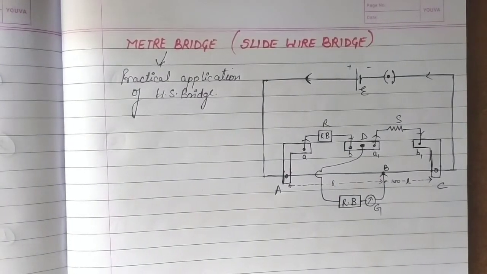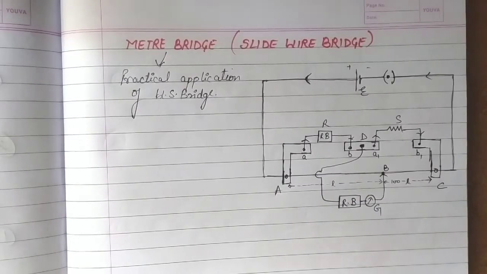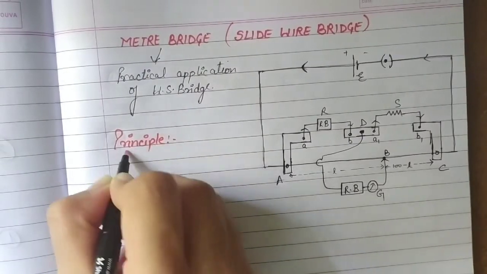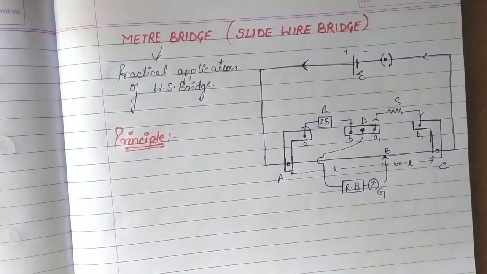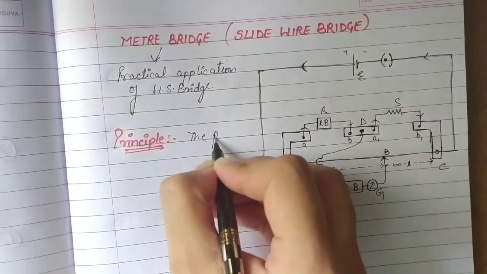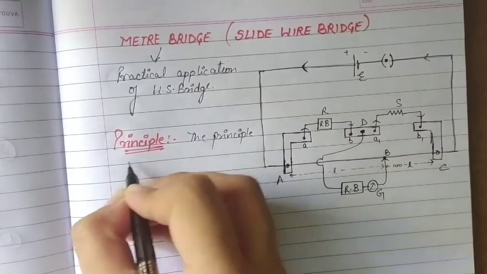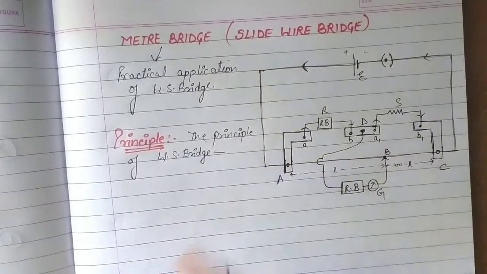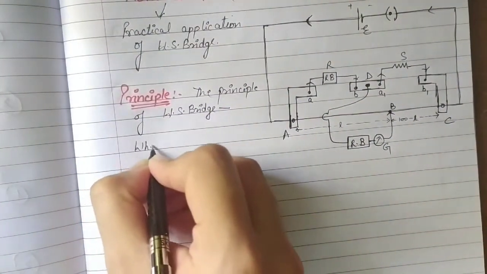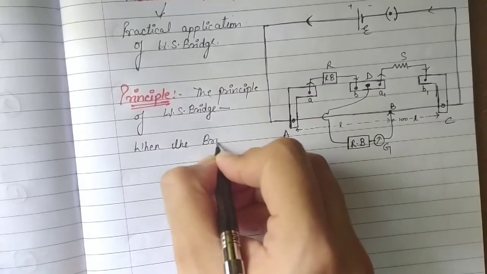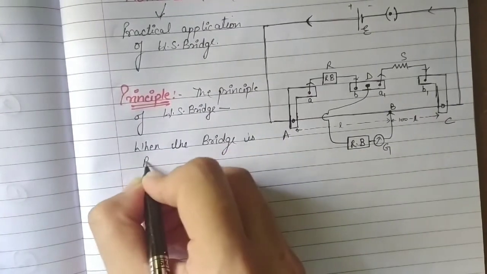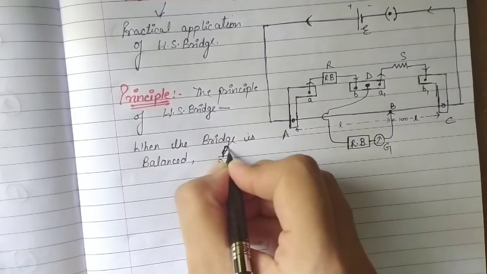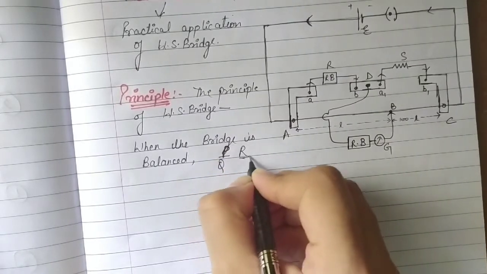So the principle of meter bridge is nothing but the principle of Wheatstone bridge itself, which says that when the bridge is balanced, we have P upon Q is equal to R upon S.